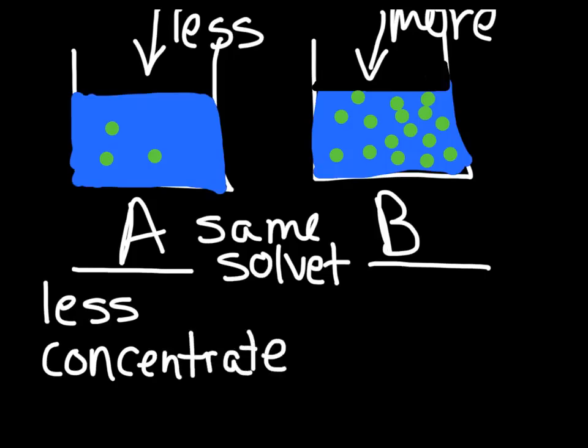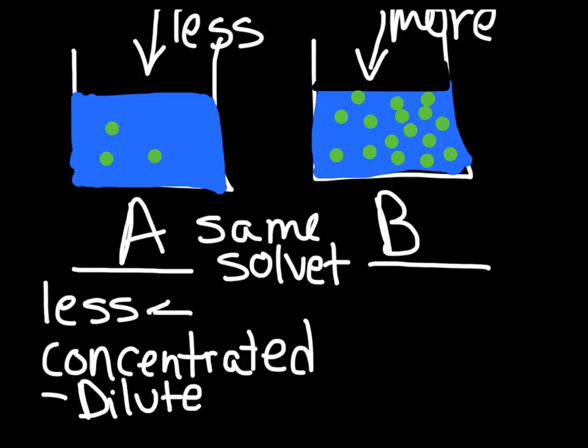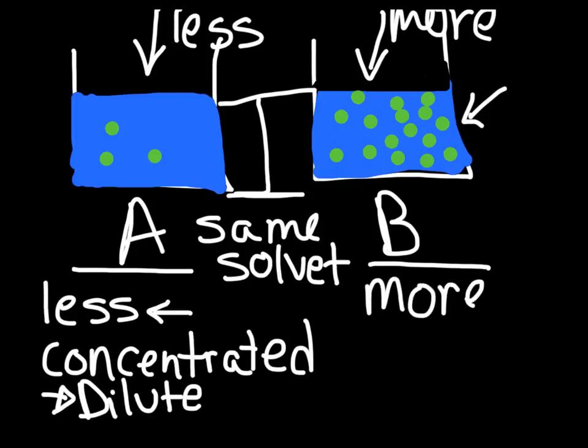Or we could also use the term dilute. Dilute and less concentrated are synonyms. They mean virtually the same thing. Whereas beaker B has more solute in the same amount of solvent, so we would say that this is more concentrated.